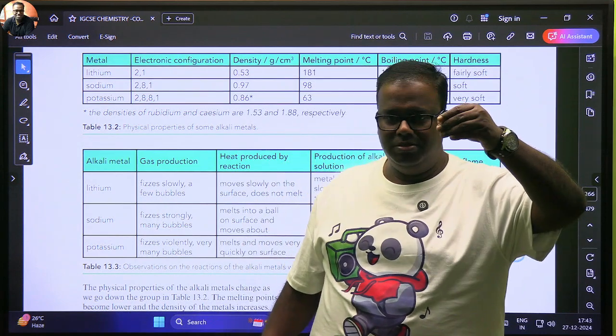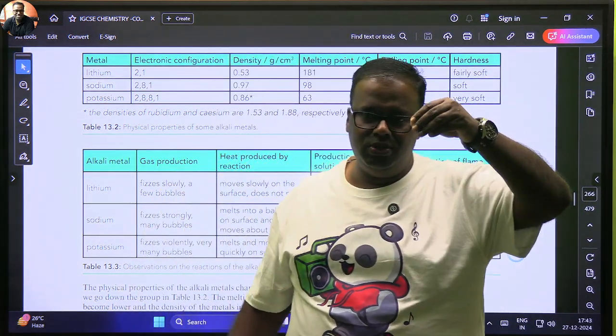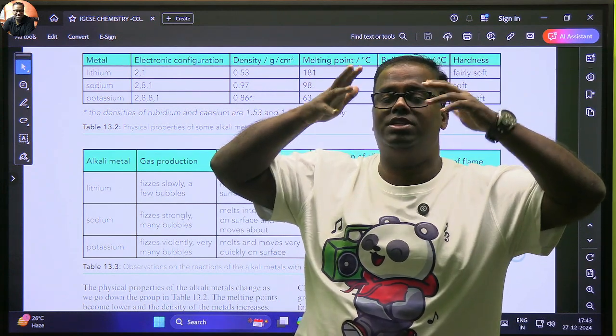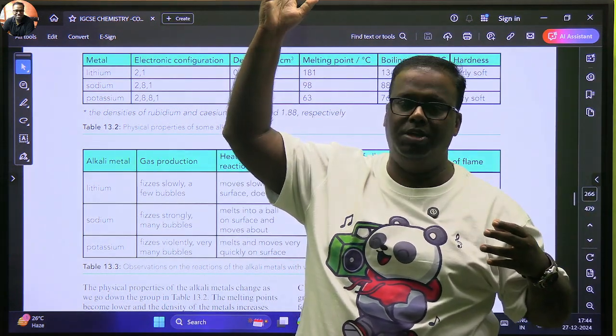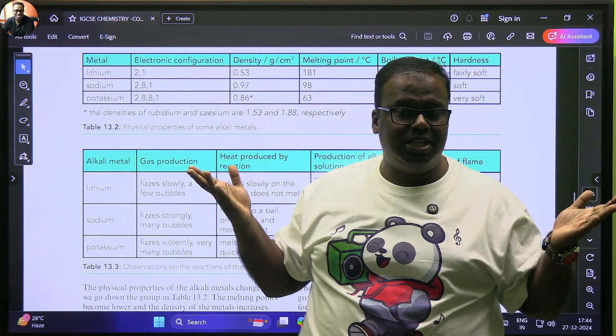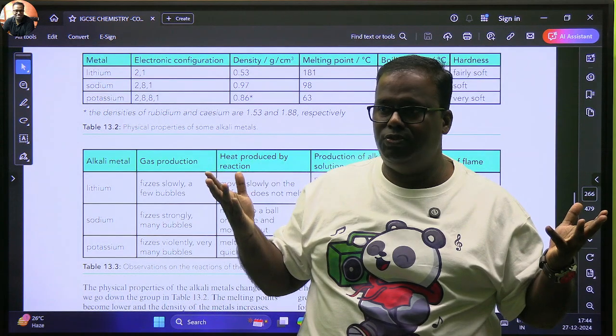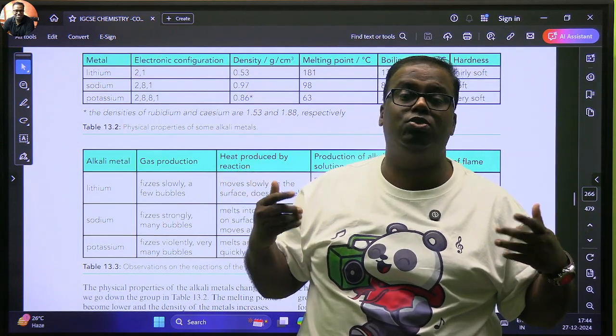Okay, how does this reaction happen? You take a metal, and you take some dilute acid and you put some 3-4 chips of some metal. You will immediately see effervescence and gas coming out. How do we check whether this gas is hydrogen or not? Do you know the test of hydrogen? If you bring a lighted matchstick near the test tube, the matchstick is going to burn with a pop sound.